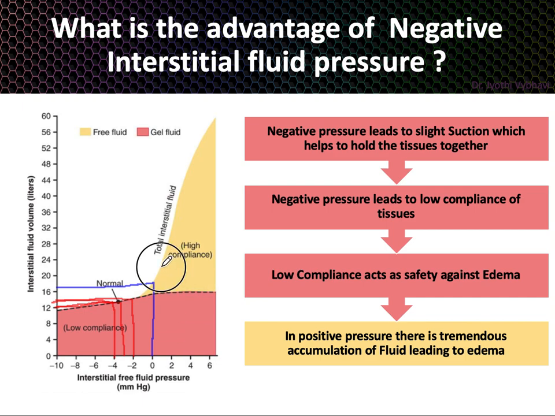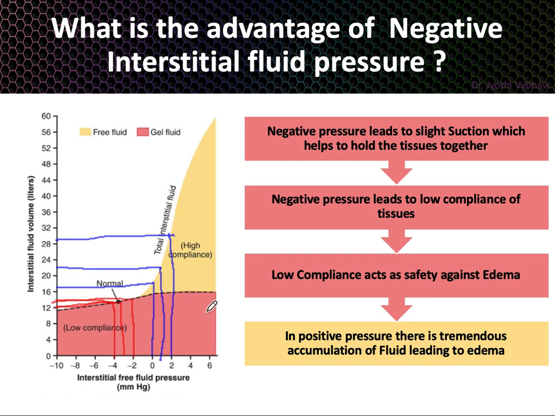That's what we are seeing, whether it is low compliant. For 1 millimeter, it was almost 16 here, it became almost 23. Oh, a lot of change. For another 1 millimeter, when it was positive, it's almost 29 liters. So you understood?